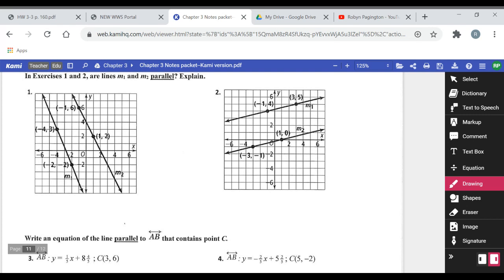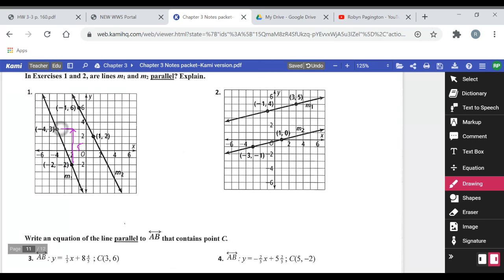So if I find the slope of M1 here on the left, I'm asking how far do I go up from here to here, and I can just count that. Remember, you're allowed to count in the horizontal and vertical on a number line. So I can count up 1, 2, 3, 4, 5 to get even with the other point.